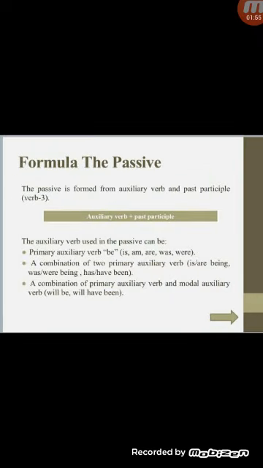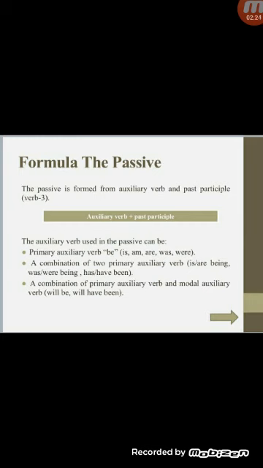Next, formula of the passive. The passive is formed from an auxiliary verb and past participle, verb 3. The auxiliary verb used in the passive can be a primary auxiliary verb: be, is, am, are, was, were. A combination of two primary auxiliary verbs.